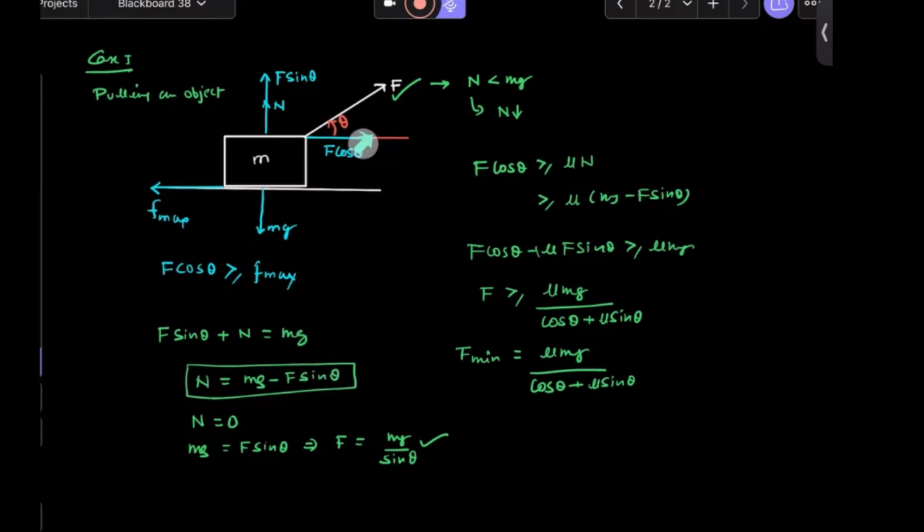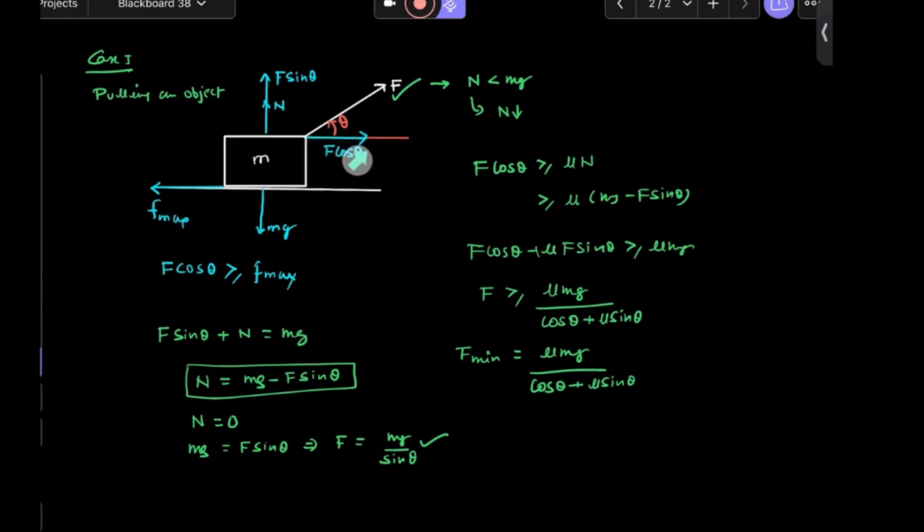Now suppose this force F was absent, the normal contact force would be mg only. So because of the way we apply this force, the normal contact force is reduced. So the maximum friction force will get reduced, no? Correct? And the force that is really making this object move is F cos theta.